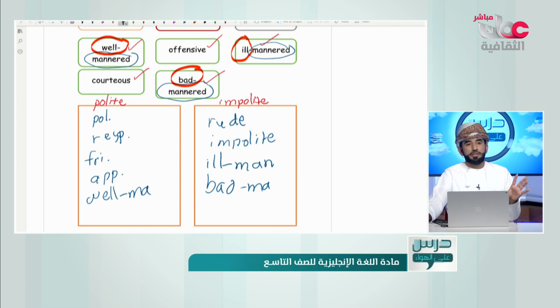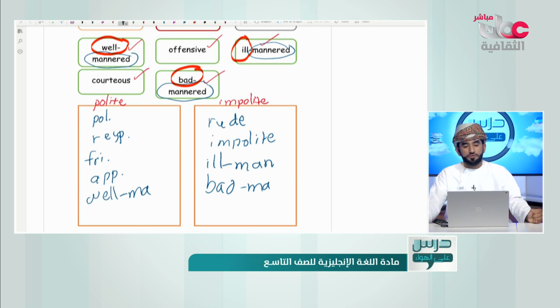So again, remember that all of those words in front of you, like rude, impolite, ill-mannered, bad-mannered, that we have already discussed, come under the umbrella of impolite. Instead of saying someone is a bad person, we say impolite, we say rude, we say ill-mannered, we say bad-mannered, whatsoever. All of those words are very suitable for such context.